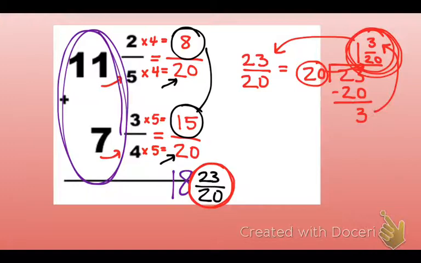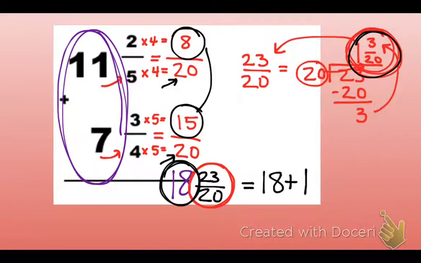So if I go back to my original problem here, let's go ahead and write this in black. So what I have is I have 18 plus, and I just said that 23/20 is equal to 1 and 3/20. So I have 18 plus 1 whole and 3/20.